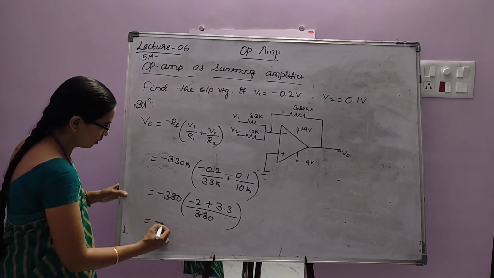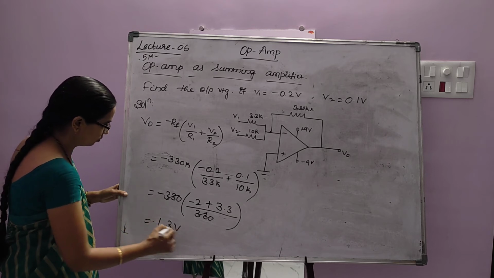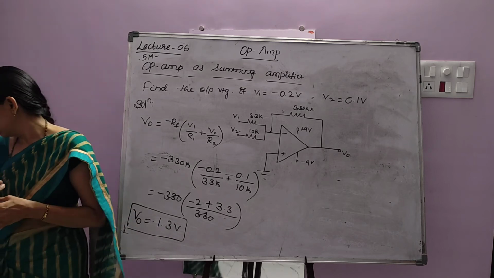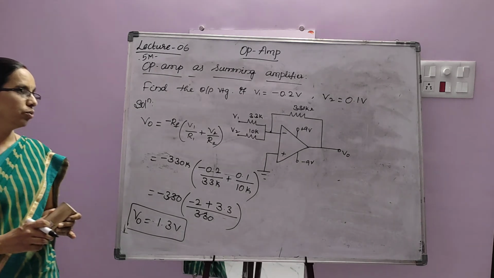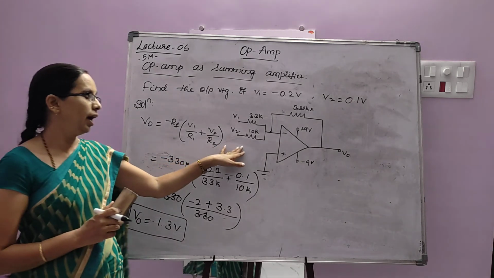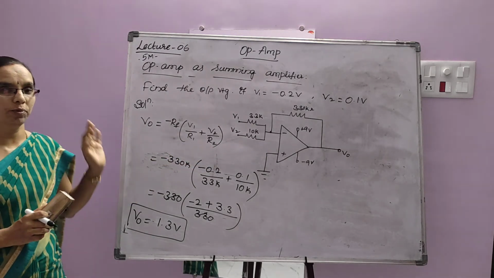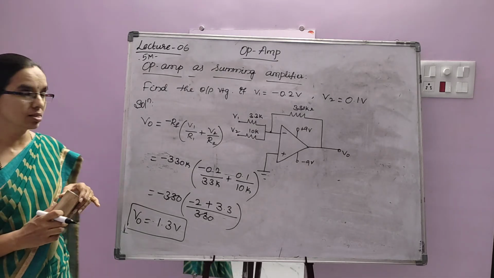It is minus 1.3 volt. V0 will be equal to 1.3 volt. So if they have given an adder problem like this, we can solve using the direct formula in op-amp. All the problems will be easy if you know the formulas. That's all.